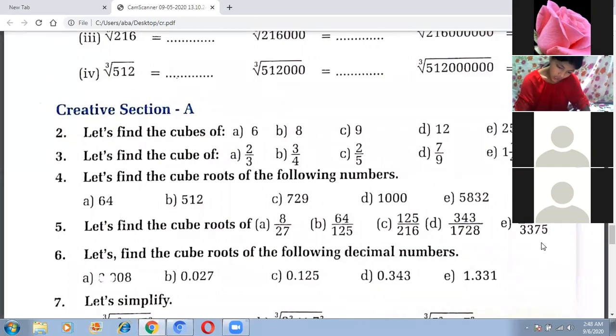Again 2 into 2 into 2 is 2 cube. Again 2 into 2 into 2 is 2 cube. Now 3 into 3 into 3 is 3 cube, 5 into 5 into 5 is 5 cube. You write in the form of cube. सबैलाई ग्रुपमा लेखेर क्युबको फर्ममा ल्याउने.